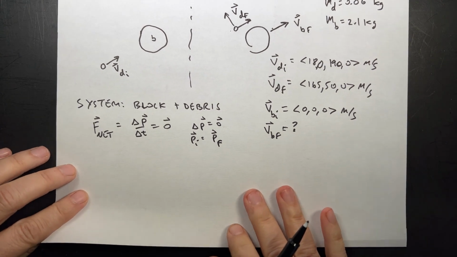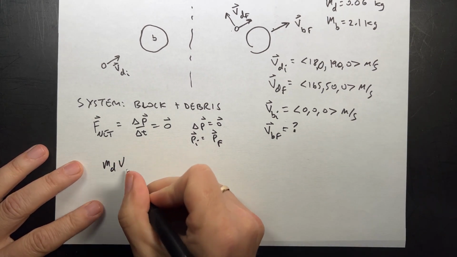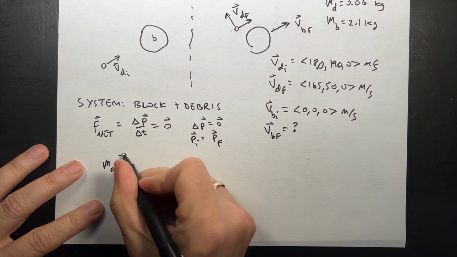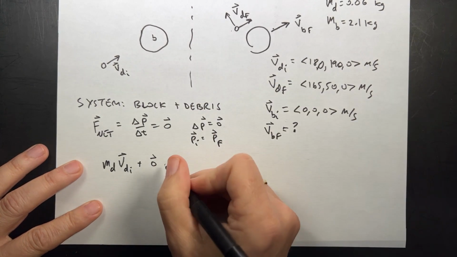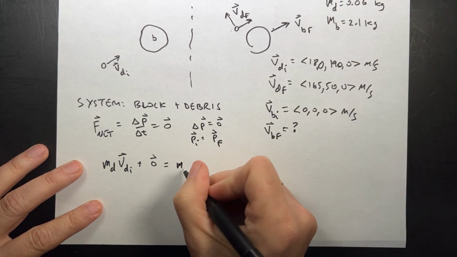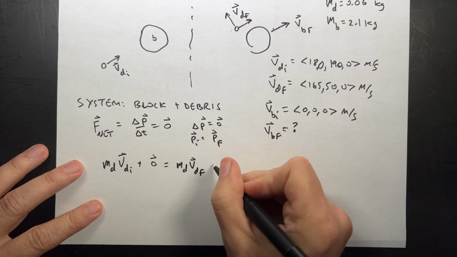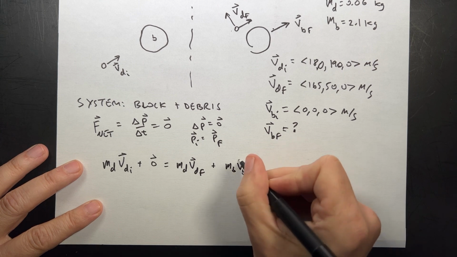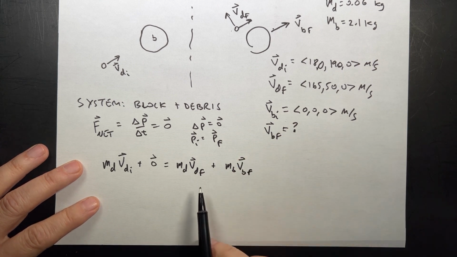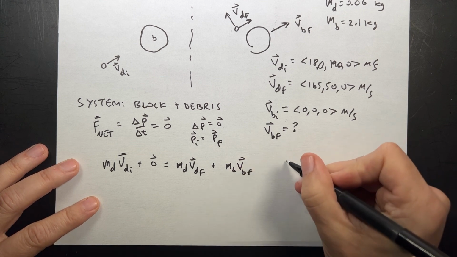So I can write mass of the debris times the velocity of the debris initial plus 0, because the block is not moving at all, is equal to mass of the debris times velocity of the debris final, which I know, plus mass of the block times velocity of the block final.